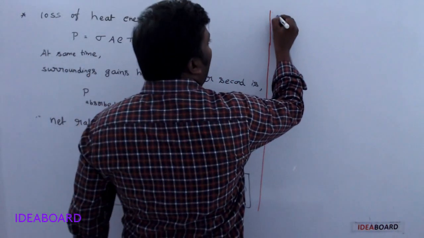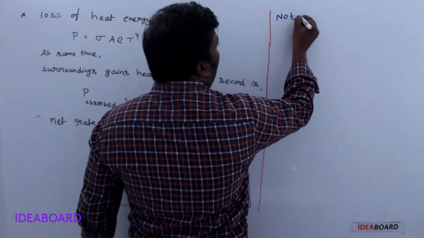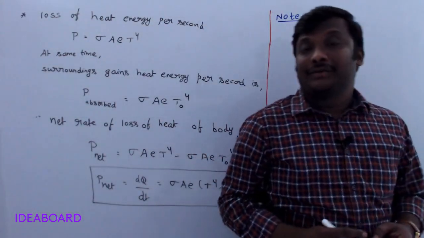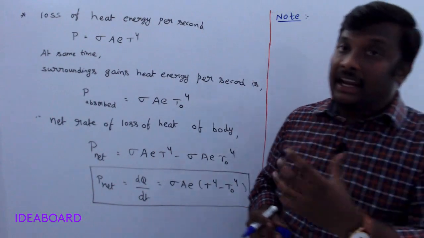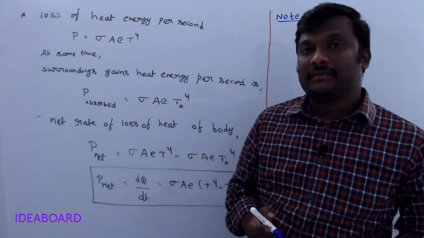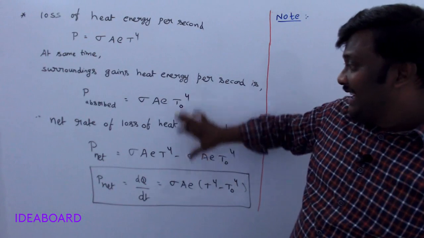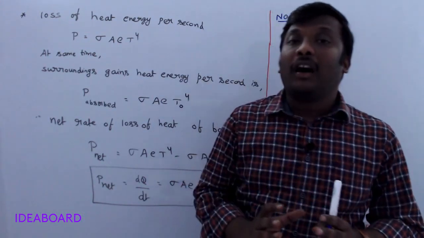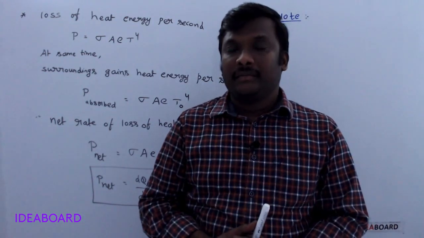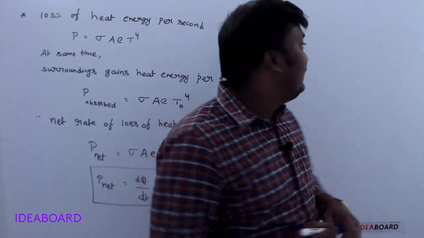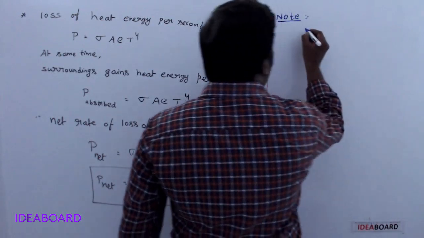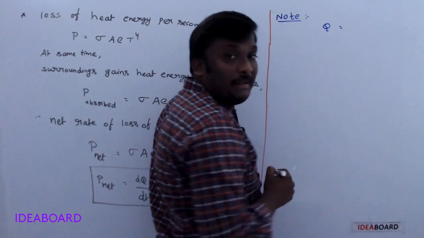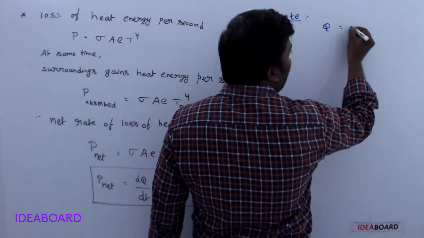Now, from the objective point of view, sometimes they ask for the rate of fall in temperature. This is rate of loss of heat, but they ask rate of fall in temperature. If they ask like that, then we know the formula for heat energy in terms of specific heat.